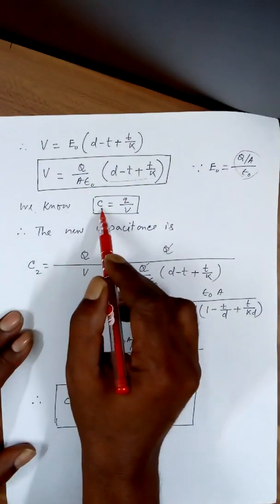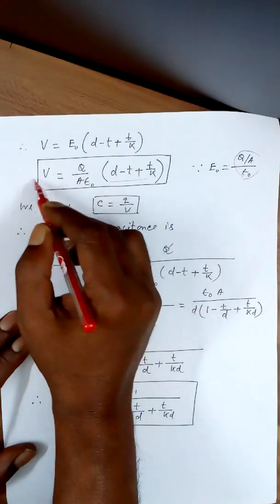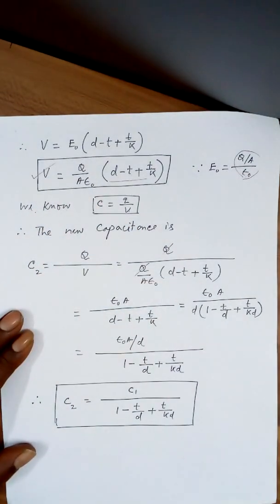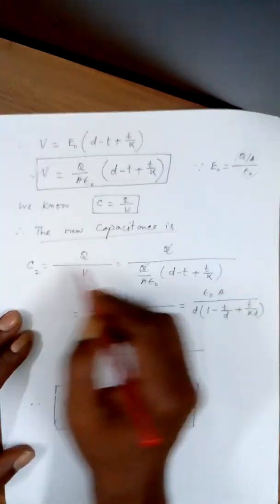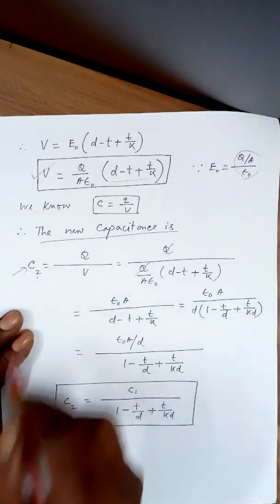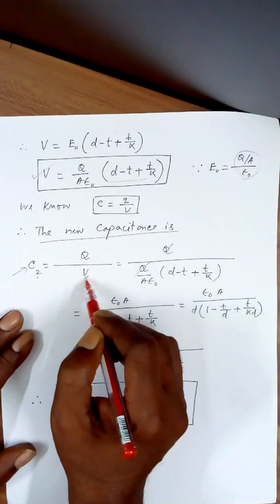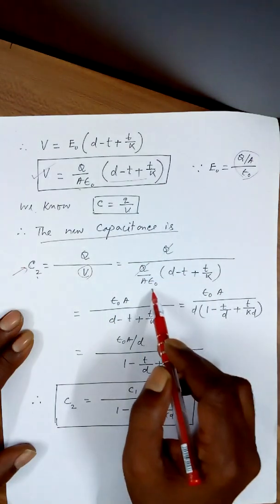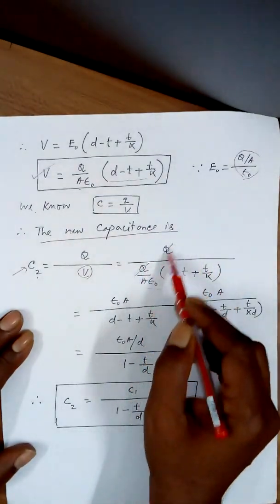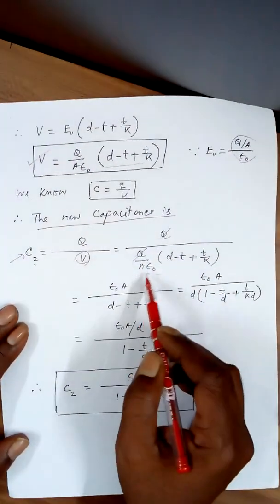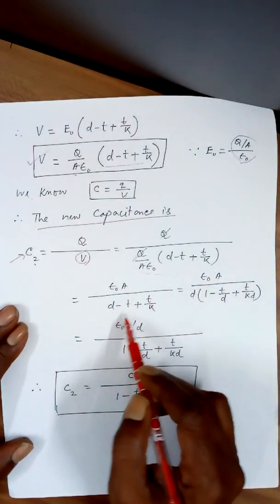We know capacitance is equal to Q by V. V we have calculated. So the new capacitance, let it be C2, will be Q by V. For this V I substitute this. So Q cancels, and epsilon naught A is in the numerator.